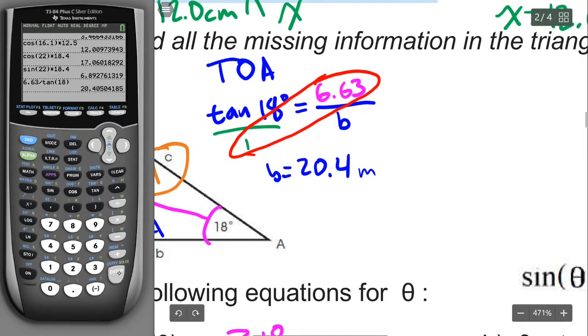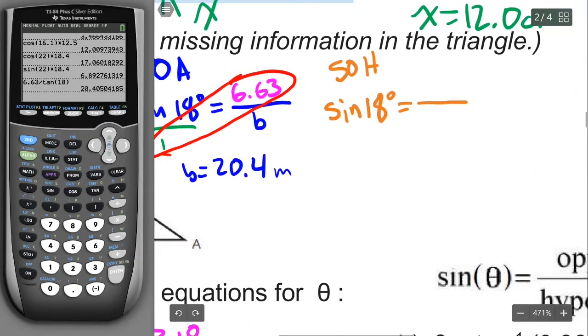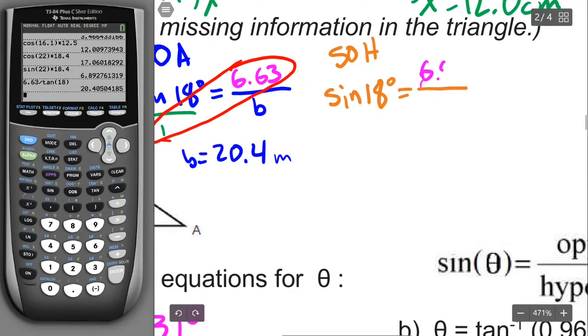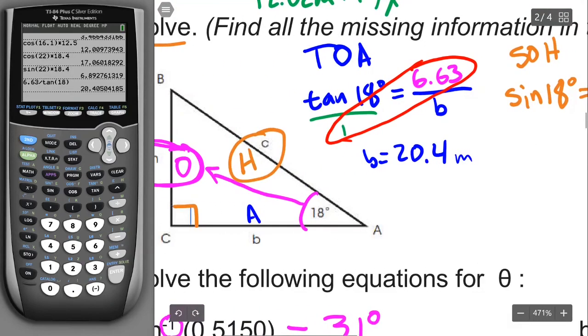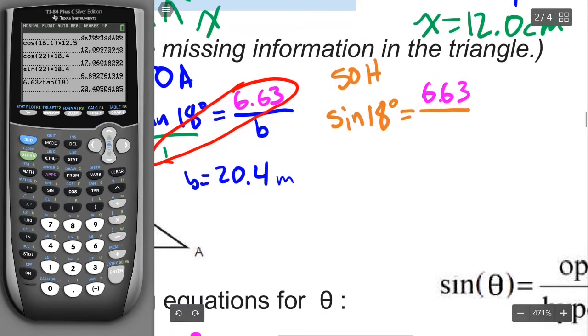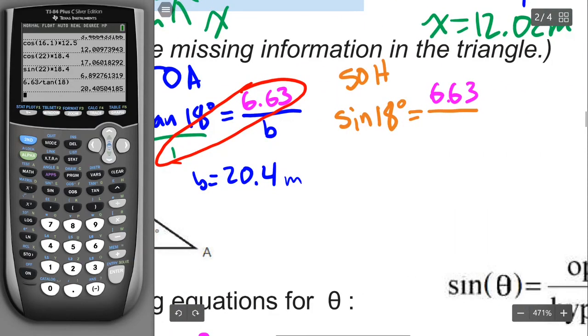So sine of my angle, still 18 degrees, is my opposite side. The opposite side was 6.63. So 6.63, and my hypotenuse is labeled as C. So what color did I do that? Oh, I did orange.